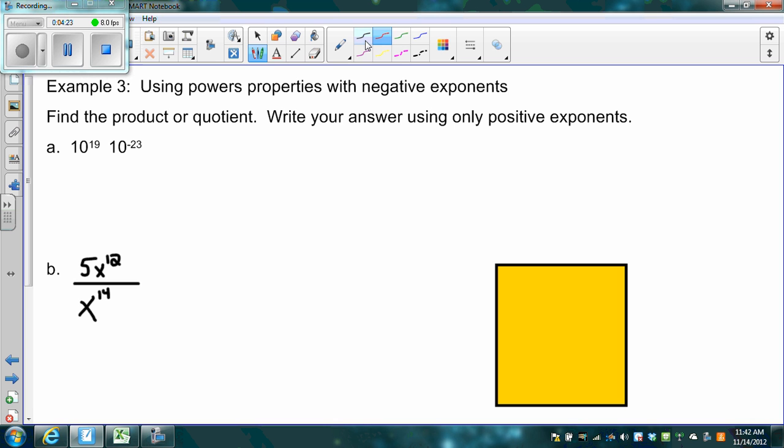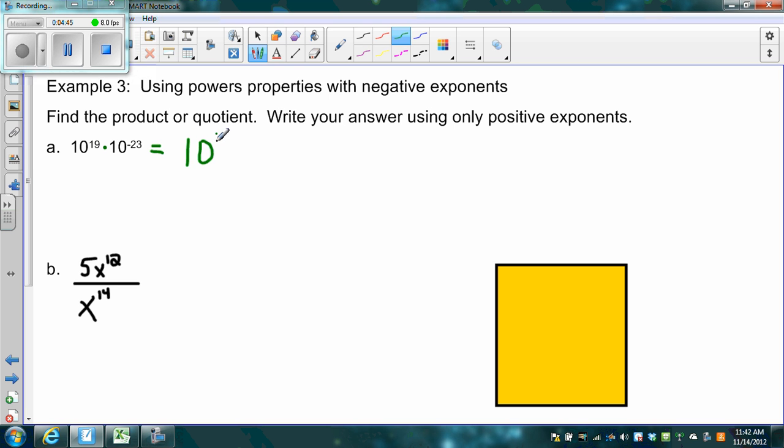Example 3. So here we have using power properties with negative exponents. Find the product or quotient and write your answer only using positive exponents. So, forgot my little multiplication sign there, but 10 to the 19th times 10 to the negative 23rd. Well, we know when we're multiplying, we add the exponents.